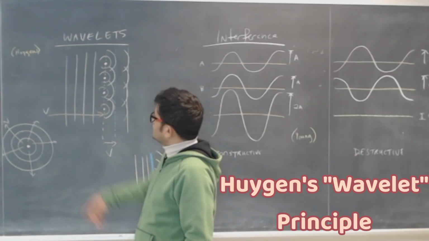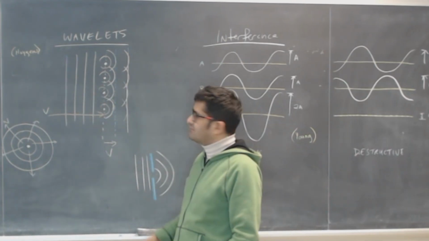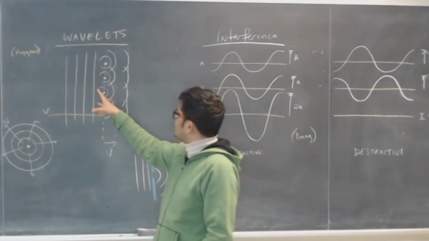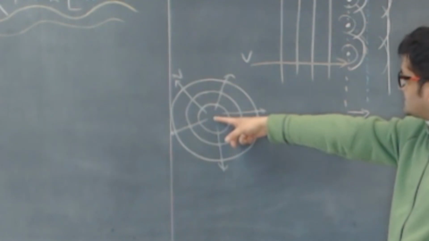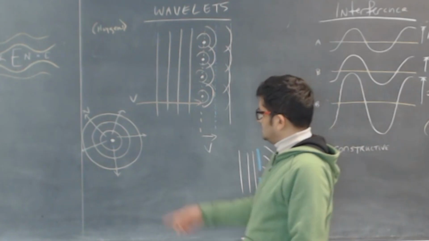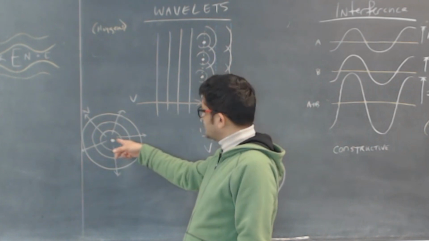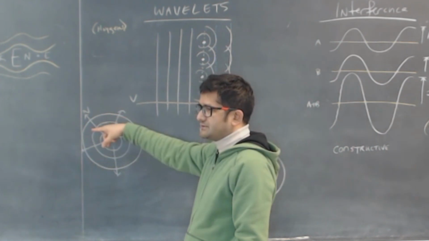Okay guys, so this guy, Huygens, tried to figure out the wave nature of light by using this demonstration. You can see in this figure the point source is the source of the waves. From every point source, the wave goes outwards, making a spherical wave front.